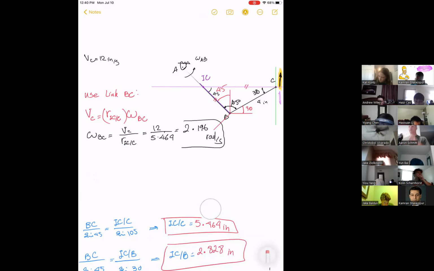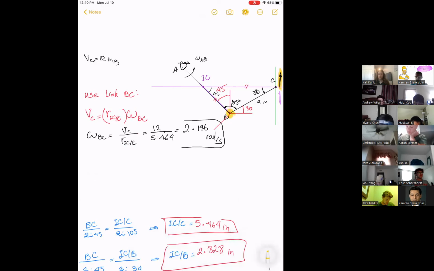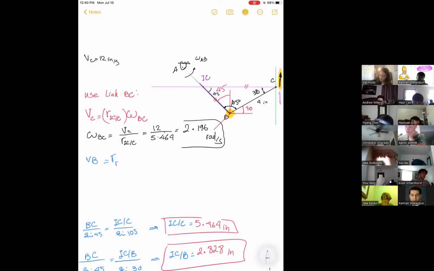Now I'm going to switch to the point that I am looking for, and that point is point B, right? For point B, I can write the same equation. VB is R BIC times omega BC, because remember, B and C are a part of link BC.